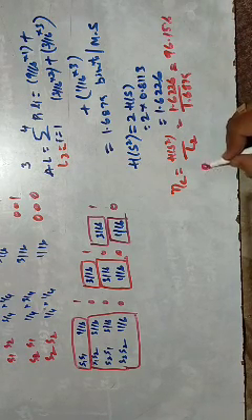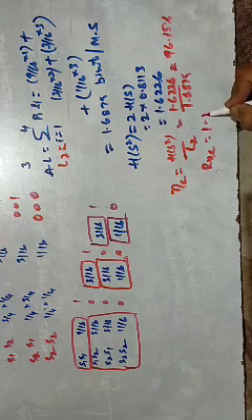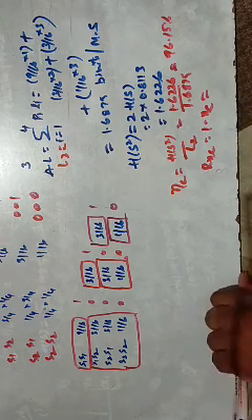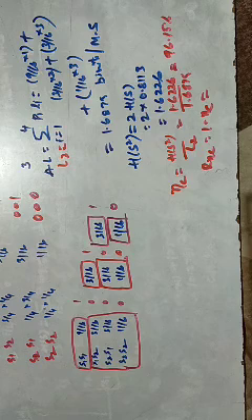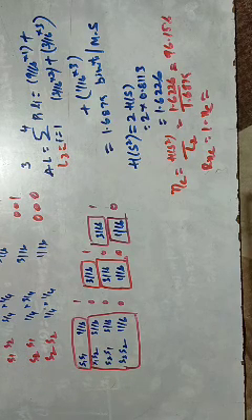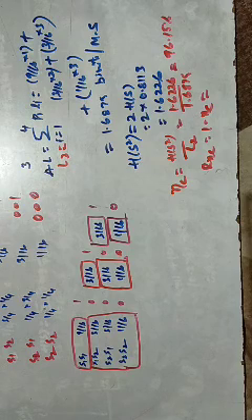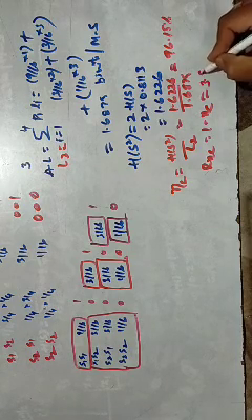Okay, and redundancy is 1 minus efficiency, so 1 minus 0.9615, that is 3.85 percent.